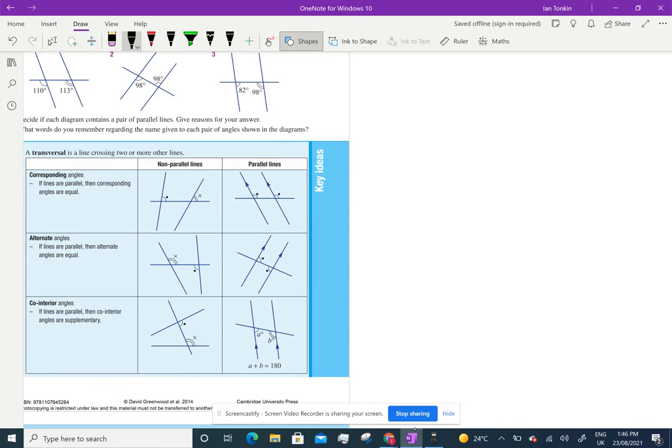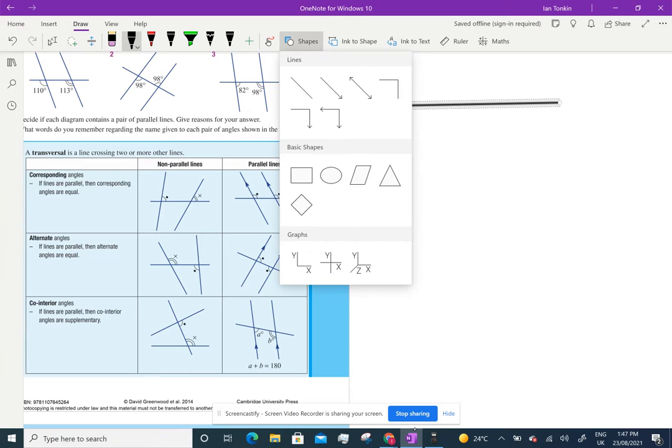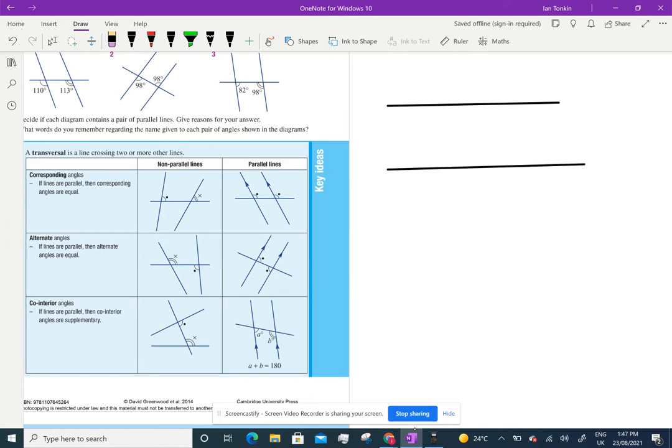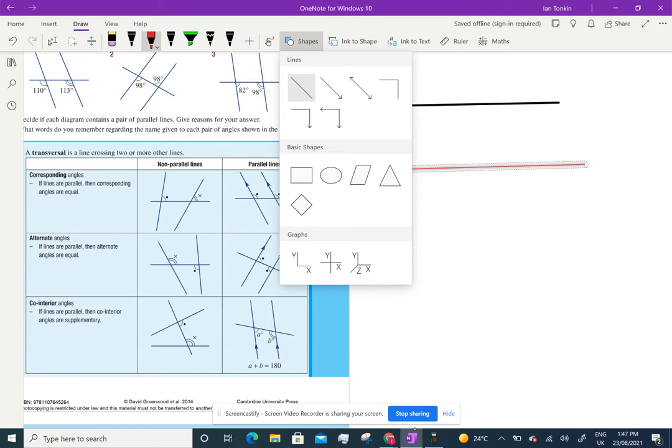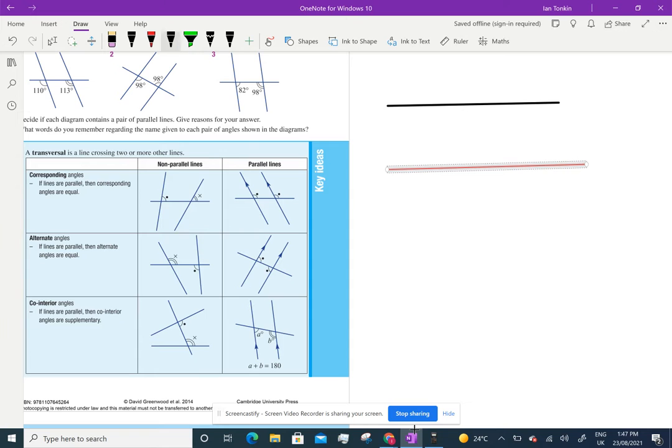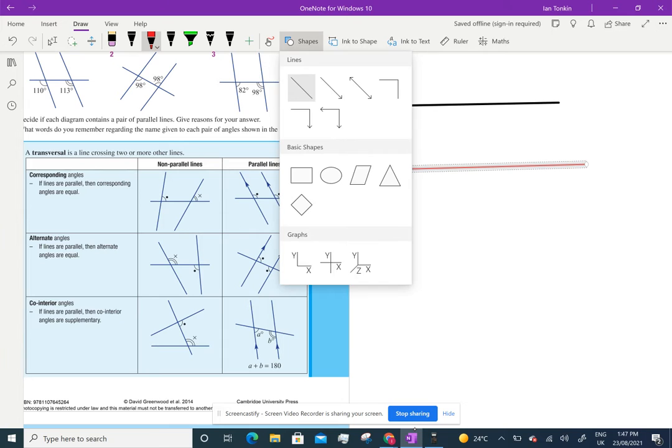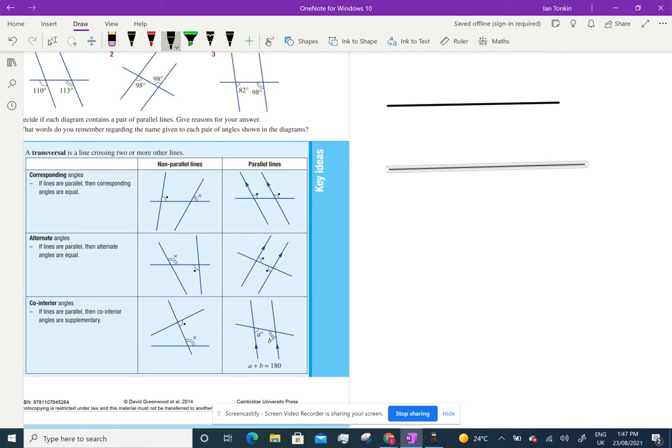So if two lines are parallel, and they're cut by a transversal, we get a whole lot of different things happening here.